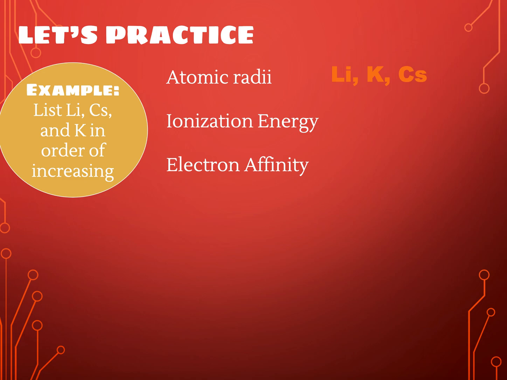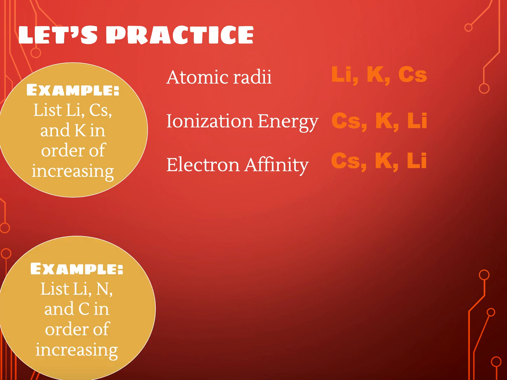Atoms get bigger as you go down. So lithium, cesium, potassium are all in the same group, up and down. They're in group 1. So atoms get bigger as you go down. If you know that, remember, the other 2 are just opposite. So we know that ionization energy and electron affinity are just backwards.